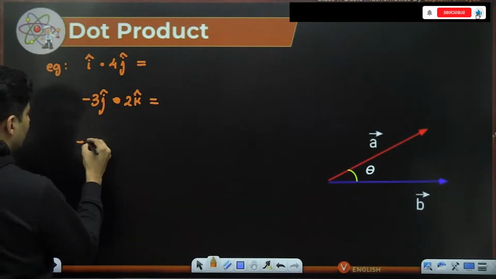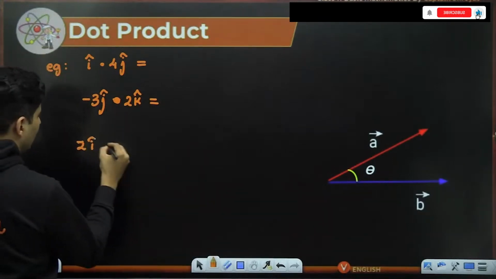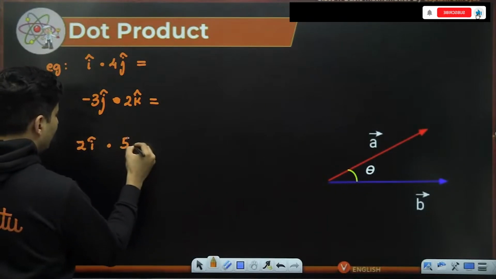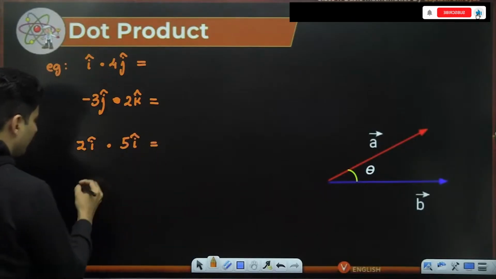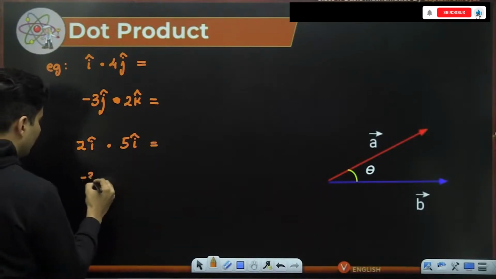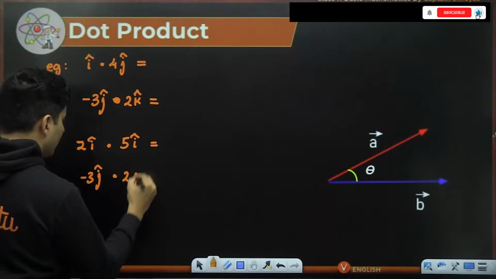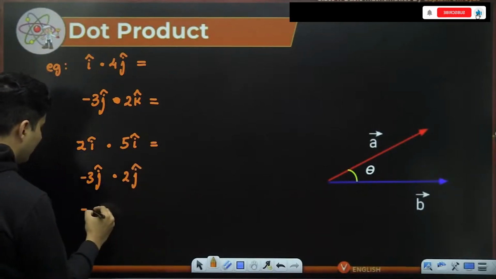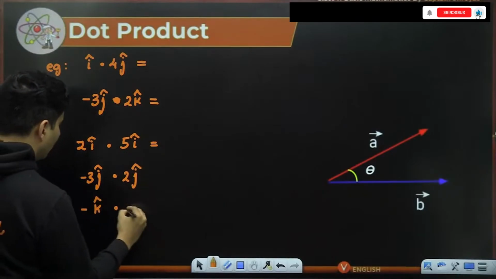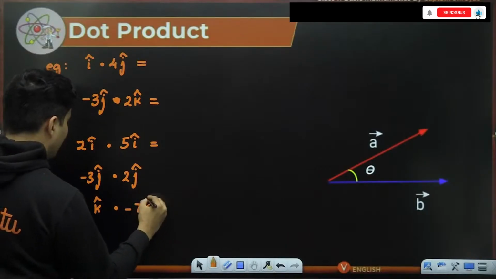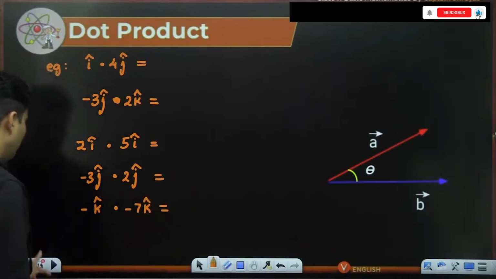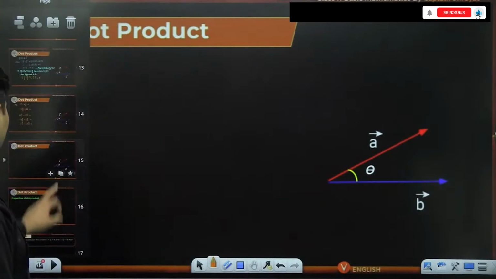Then 2 i cap dot 5 i cap. Minus 3 j cap dot 2 j cap. Minus k cap dot minus 7 k cap. Come on, think about it. Then we'll go ahead.